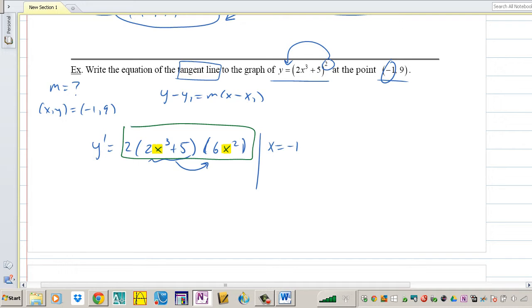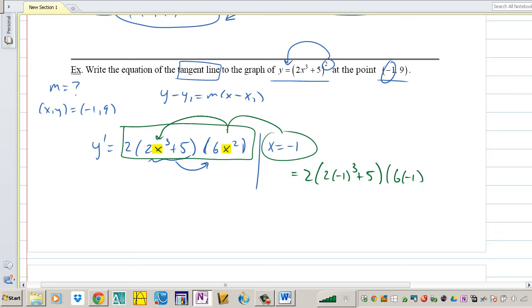Now you don't need to clean this up. If you're going to plug in a number for every x, there's no need for you to clean it up. So it's going to be 2 times -1 to the 3rd plus 5. And this is where your PEMDAS really kicks in, because now you're going to have to multiply, square, you have to follow order of operations. So let's continue. What is -1 cubed? Well, that's -1 times 2, -2 plus 5. What is -1 squared?